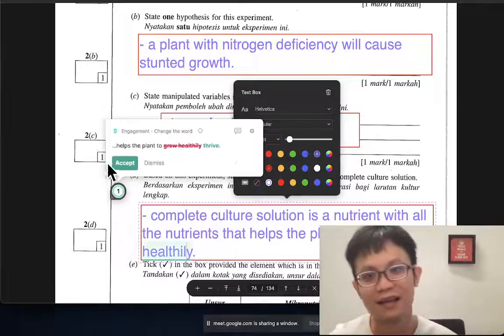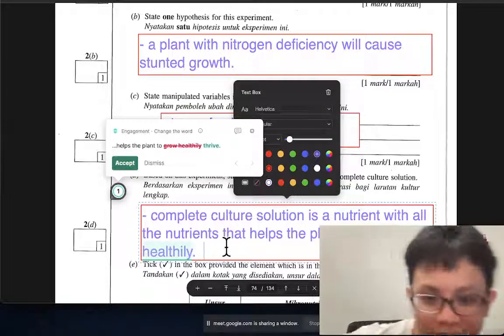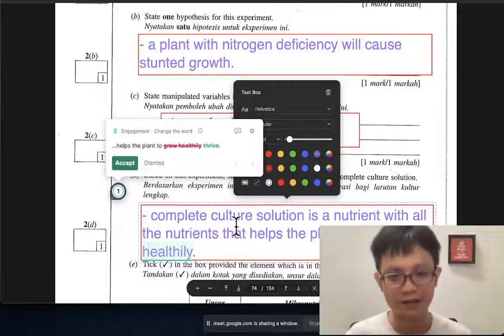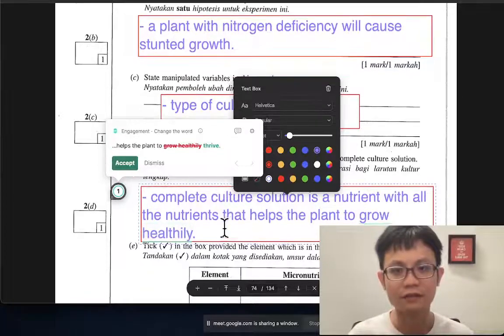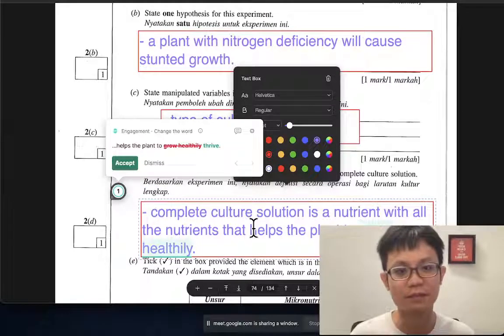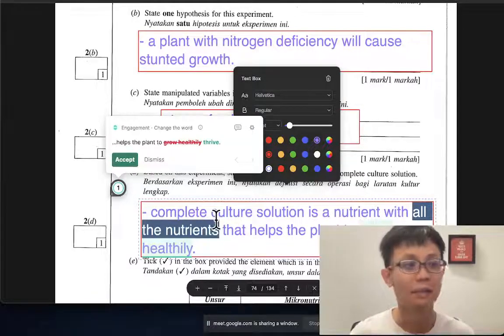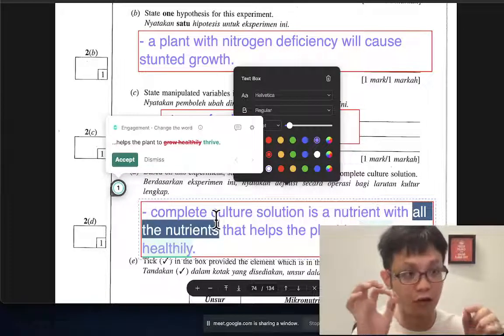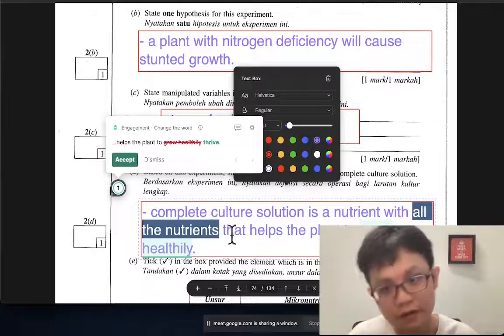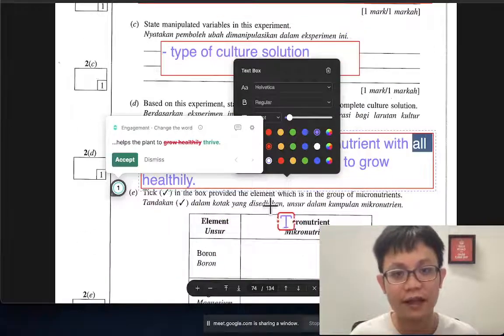Yeah, okay, to thrive, to grow healthily. Of course you can say culture solution is a solution that helps plant, but this word is very important because that is the more precise definition. It contains all the nutrients. Next, about the elements of macronutrient, which one is macronutrient?